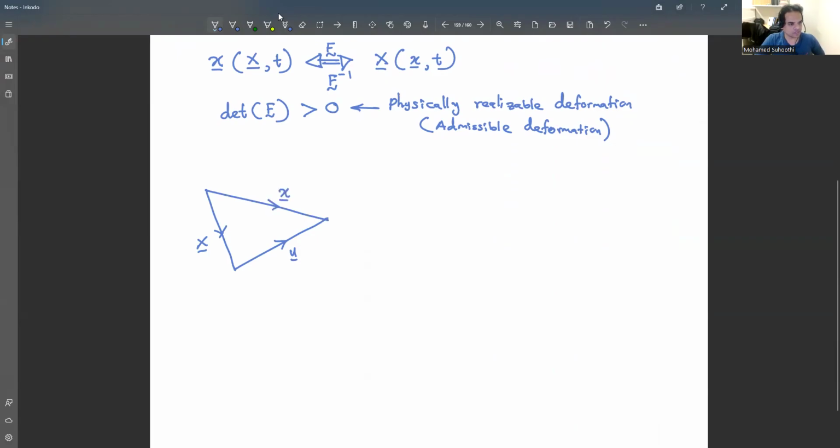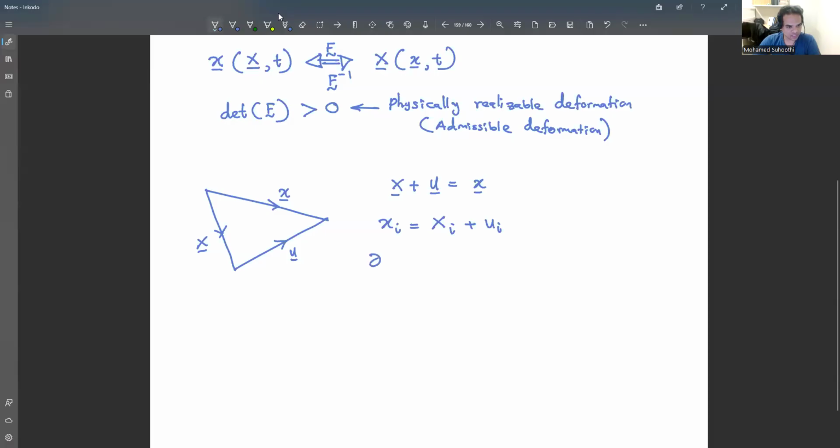Now you can apply the vector addition rule, so that means capital X plus vector u is equal to small x, right? This is something you know, right? If you write it in index notation, x_i equals X_i plus u_i, right? So why is everything using the same free index, right?